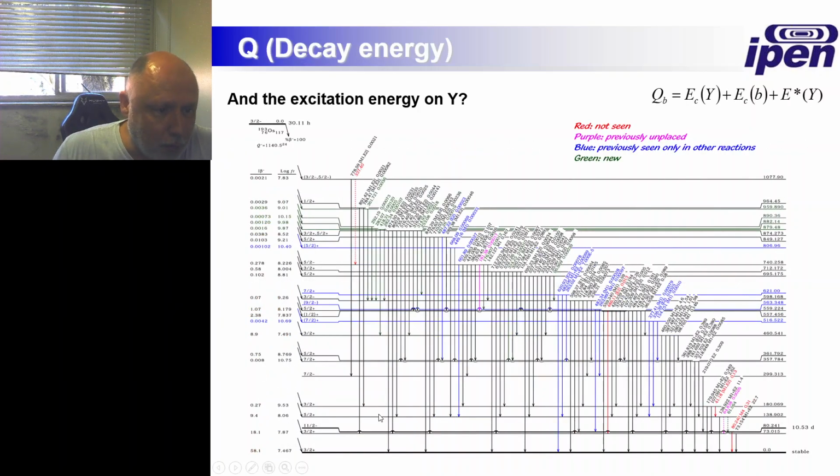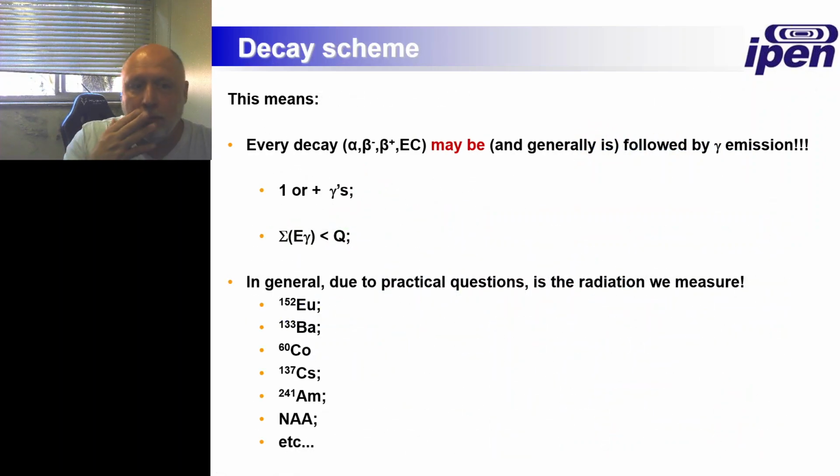Not the sum of all gamma rays, but, for instance, this pathway, it goes here and then here and then here and then whatever. The worst part, this one that comes here and then here and then here. The sum of the gammas emitted in that chain must be less than Q, because that was the maximum energy that was available, right?